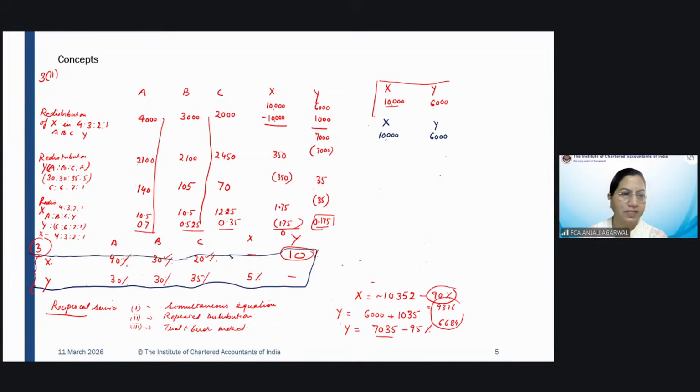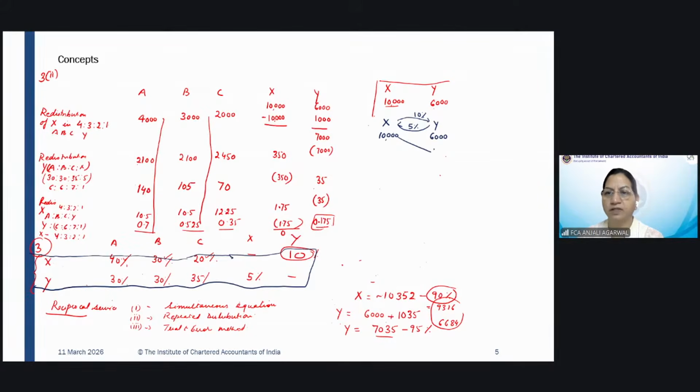right, you can see that 10% of X goes to Y and 5% expense of Y goes to X. So you can start with anything. So first distribute 10% of X to Y. This is 10,000.